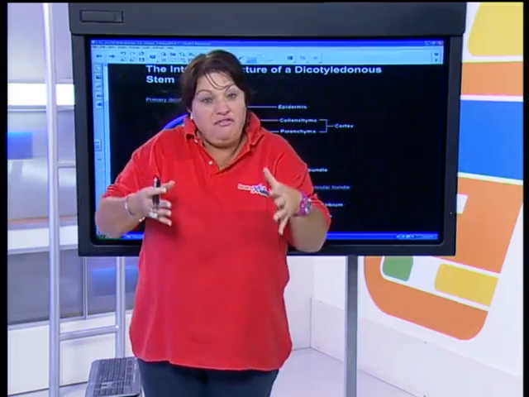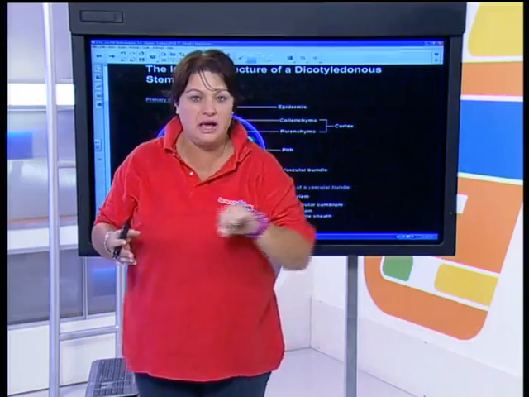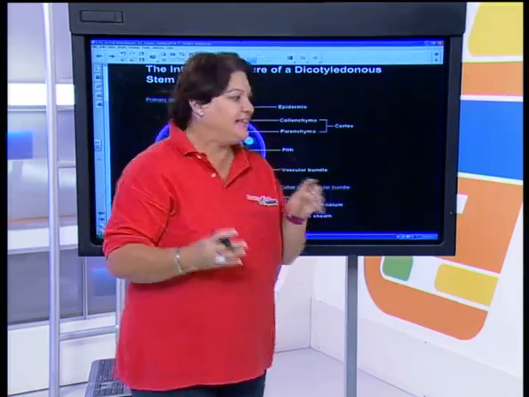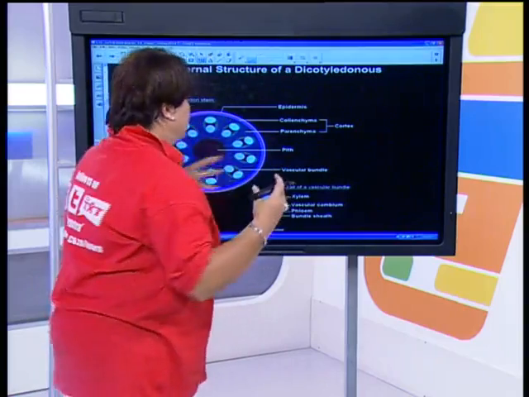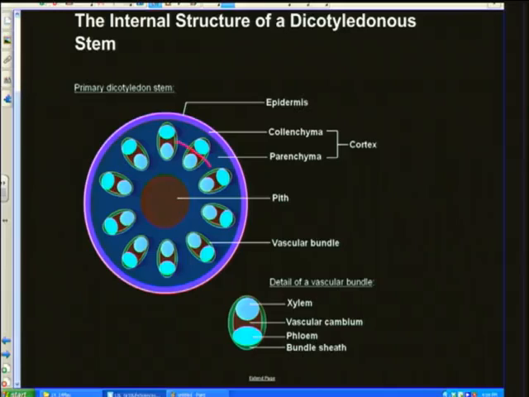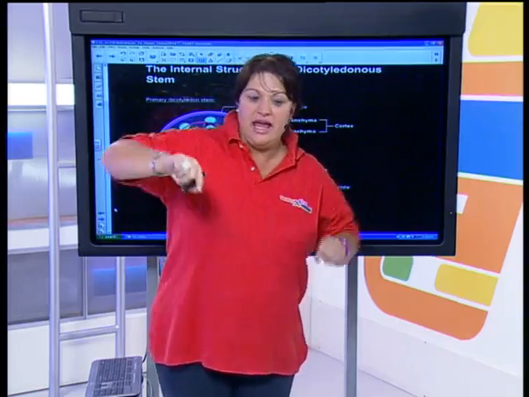If we were to look at what the inside looked like, we had this very distinctive circle of what we called vascular bundles. They were in a distinctive pattern. They were in a circular form.